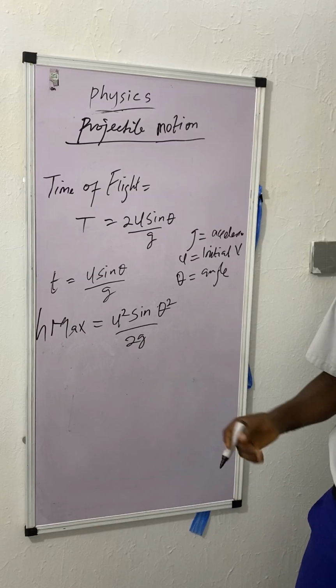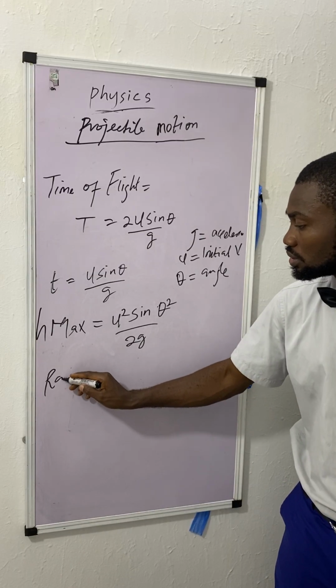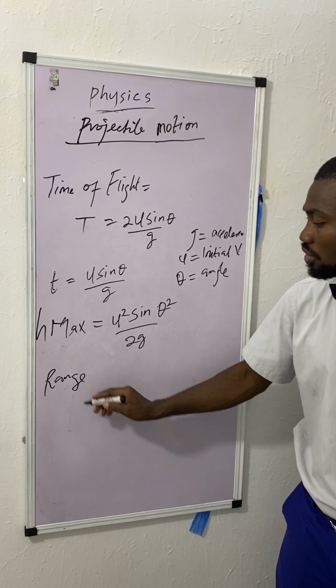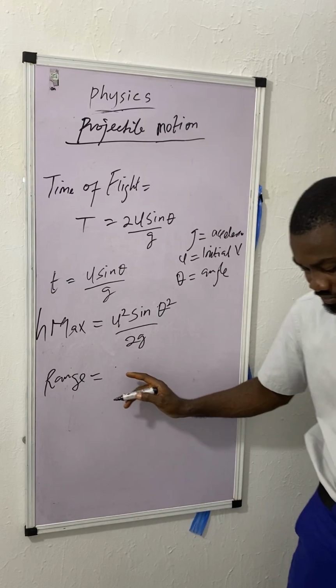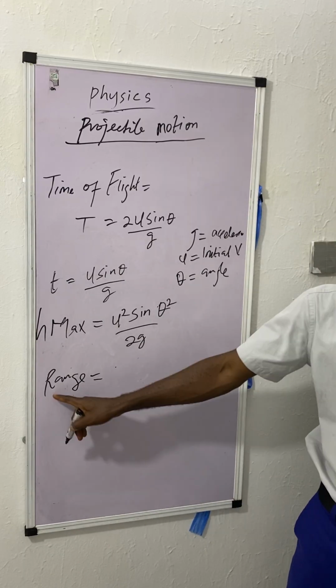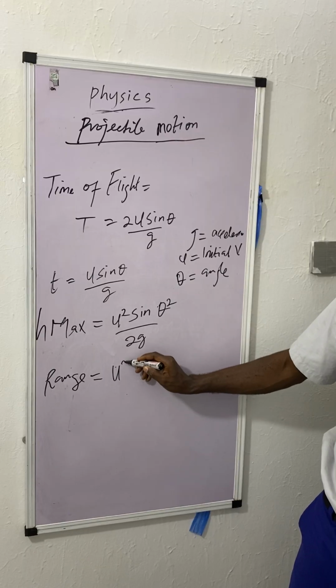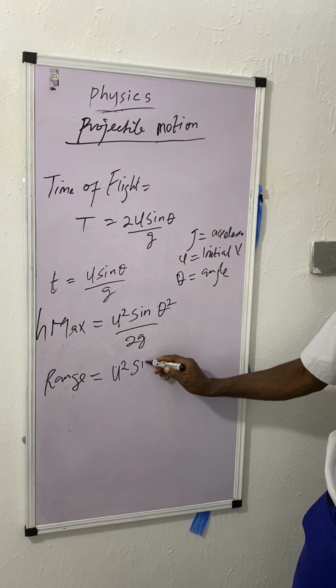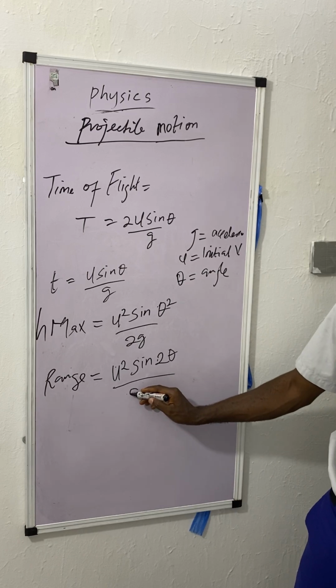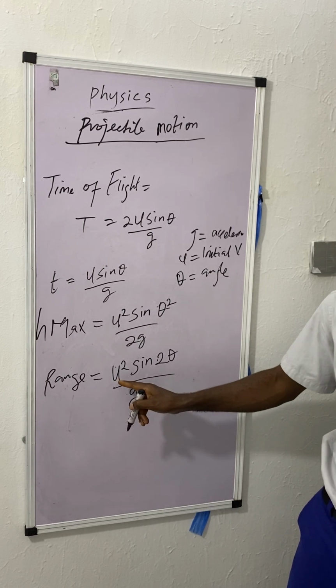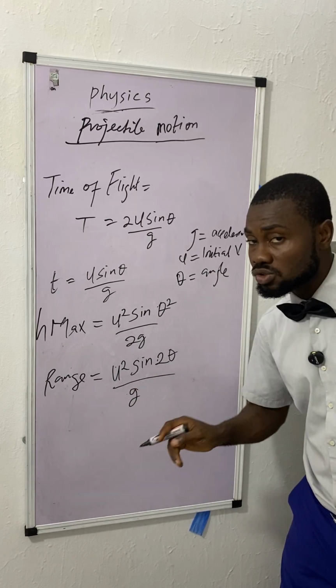Which other one do we have? We have range. Range of a projectile, usually represented by R, has a long formula and a short formula. The long formula is u square sine 2 theta over g. Then the shorter formula is for when an angle is not provided.